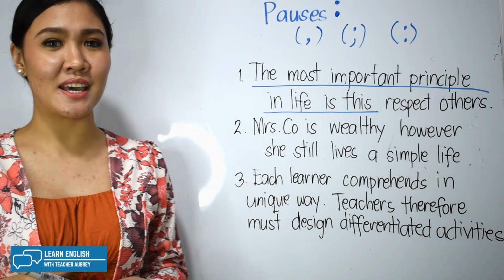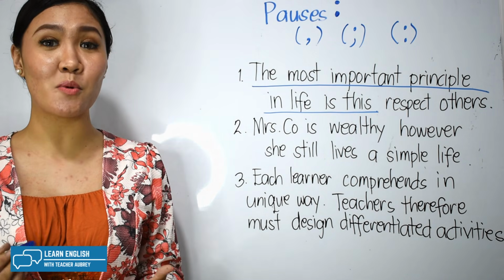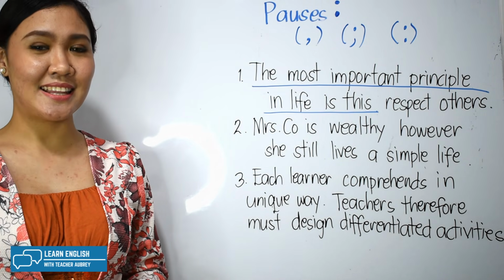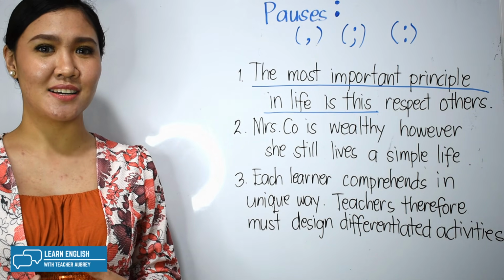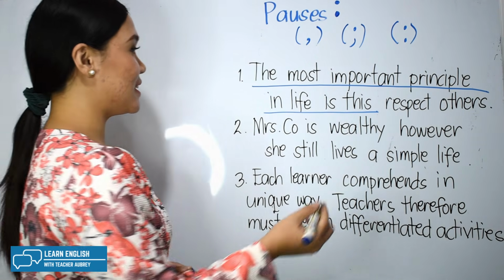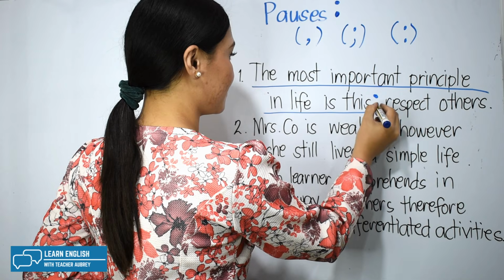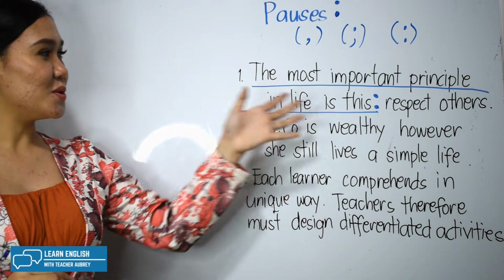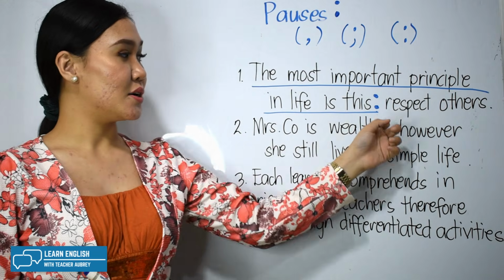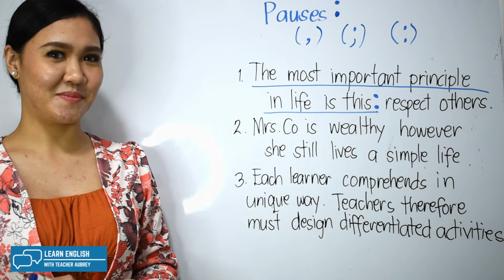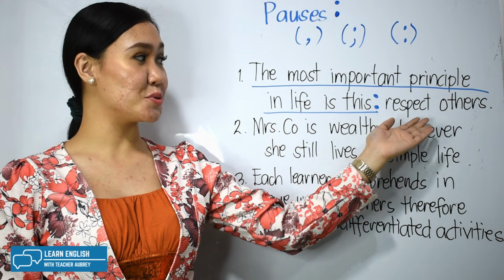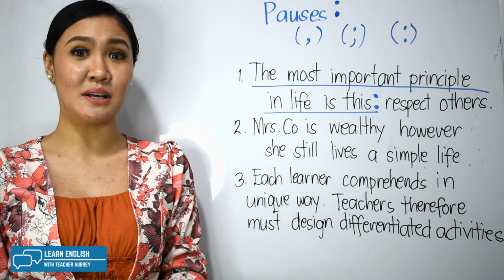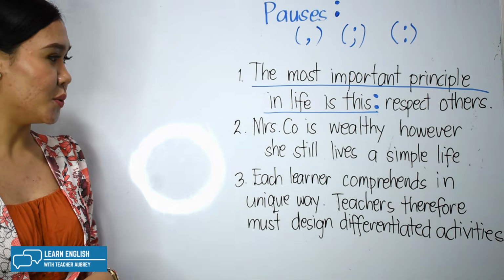May gusto siyang sabihin na yung pinakamahalagang prinsipyo daw sa buhay ay ito. Dahil may gusto siyang i-introduce na clause, ang gagamitin natin ay colon. The most important principle in life is this: respect others. May in-introduce na clause which is respect others. Irespeto ang ibang tao.